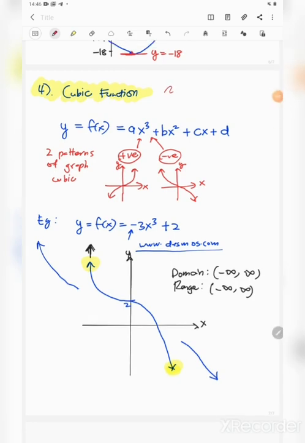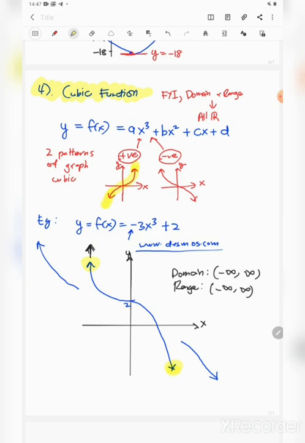For your information, for the cubic function, the domain and range are both all real numbers all the time. You can observe this from the graph that I gave you just now. The graph points up and points down, and it always goes to the right side and to the left side of the graph.